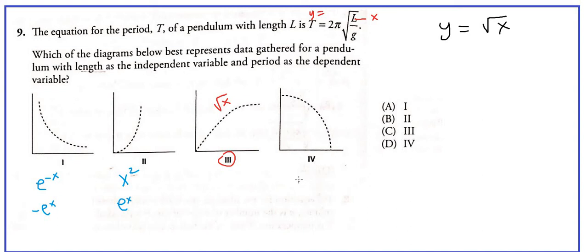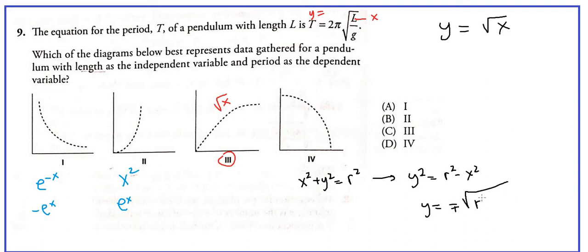We know that the equation of a circle is x squared plus y squared equals r squared, where r is the radius. If you solve for y, then y squared will be r squared minus x squared, and y will be equal to plus or minus the square root of r squared minus x squared. This is the equation of the semicircle, where minus is the lower semicircle and plus is the upper semicircle.